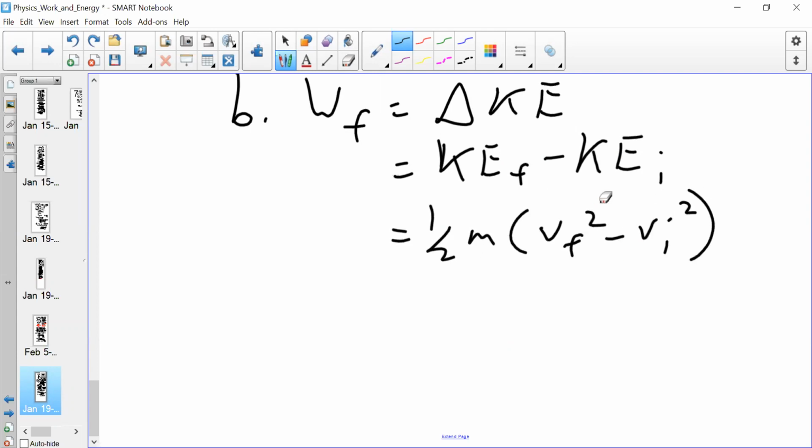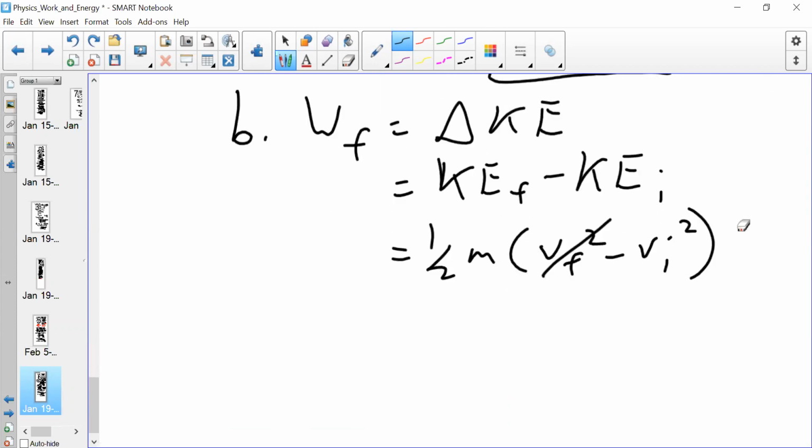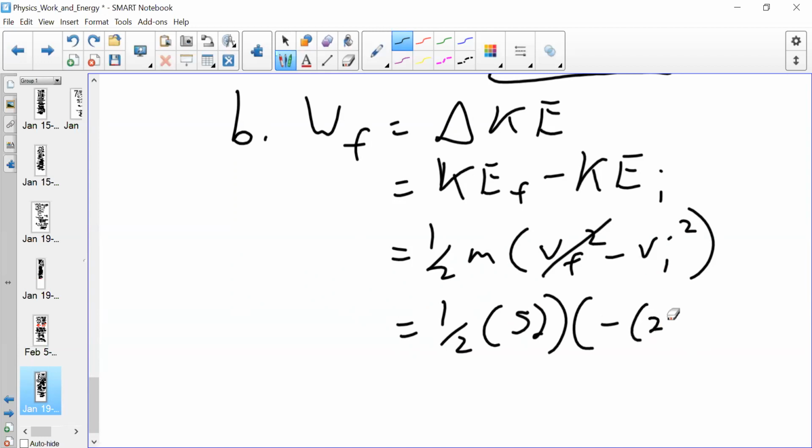We know that the final velocity is going to be 0, so it's basically the same thing, except that it's negative. So one half of 52, and then it's basically negative 2.5 squared, so it's 2.5 squared with the whole thing negative.